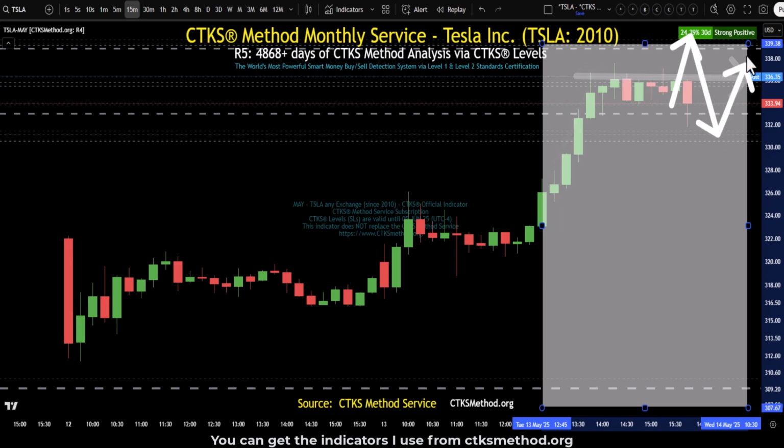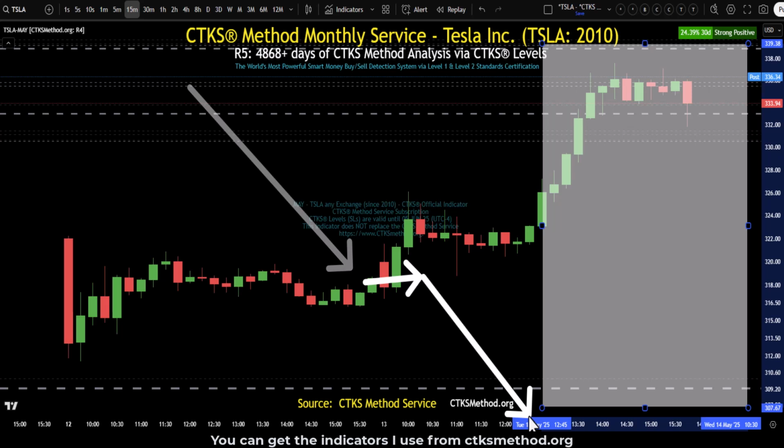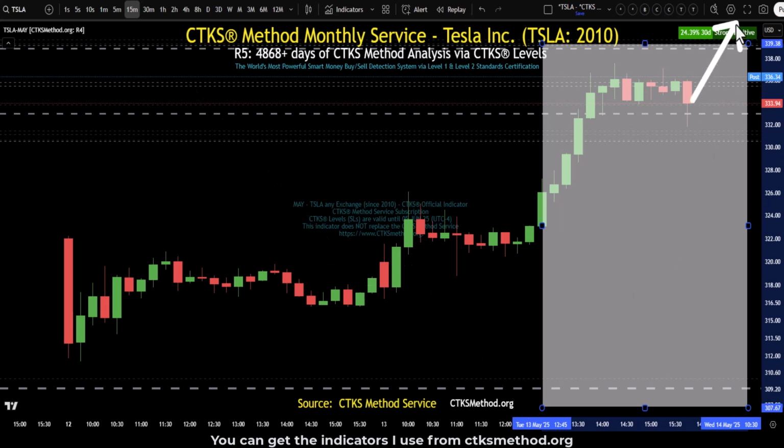It will just get focused into this area. If the VIX continues to come down, we would anticipate that Tesla will break out to the upside. If the VIX does this and starts to come up, we have a negative CTKS gap, which we need to pay a lot of attention to. These gaps can get filled very quickly, especially to the downside.